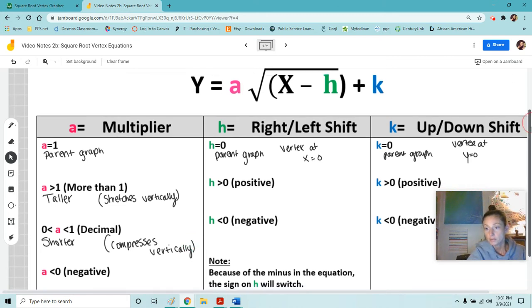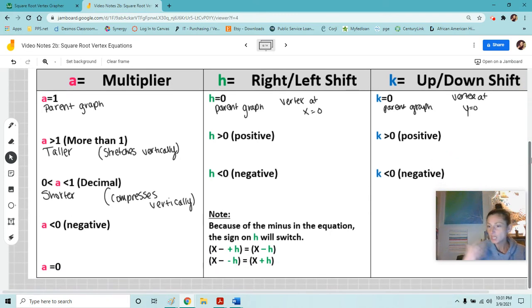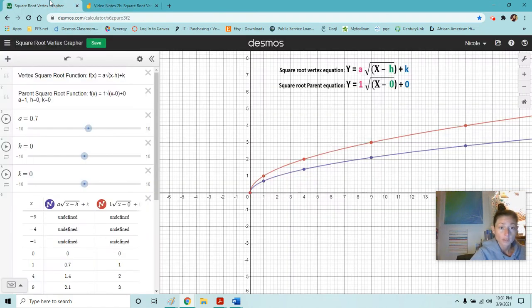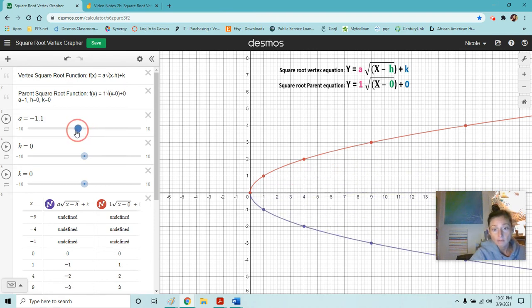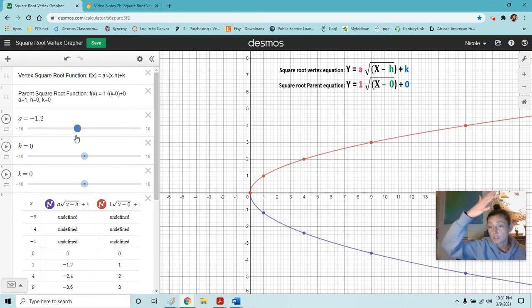All right, going through these here. And again, these are the same thing that we looked at for quadratic. When a is negative, we'll take a look over at that. So I'm going to move my little slider tool to make a negative. And we see now the graph flips upside down. So now the purple graph is underneath here. We can make it more steep, we can make it more shallow, but the idea is that when it's negative, it is flipped upside down.